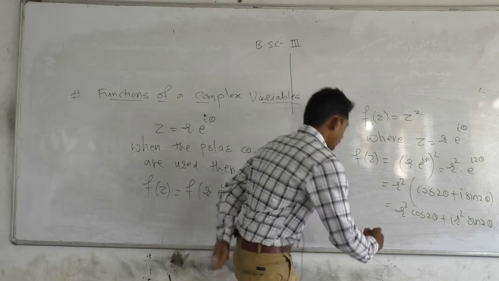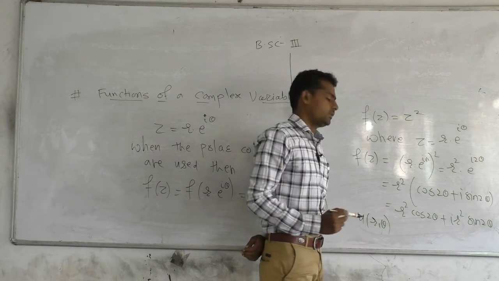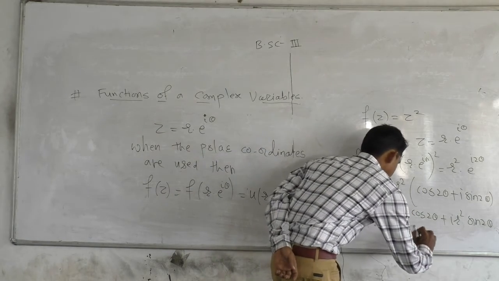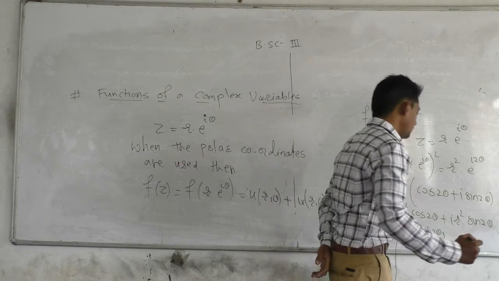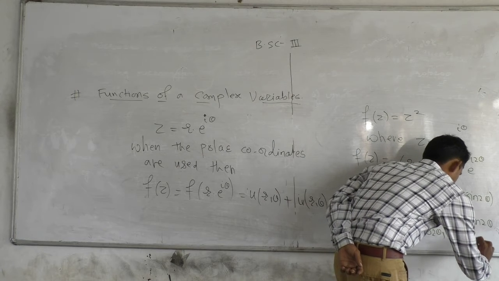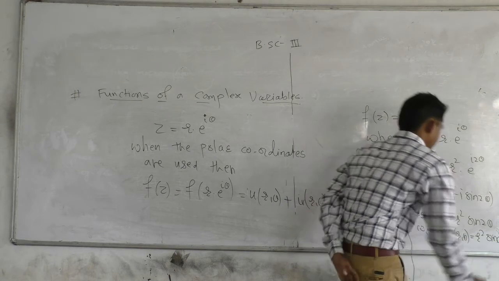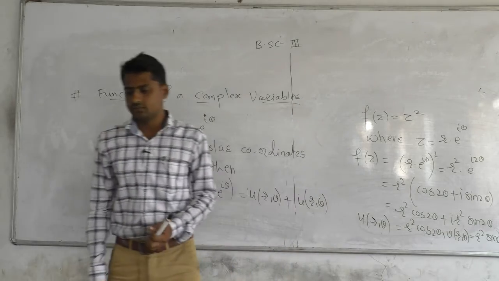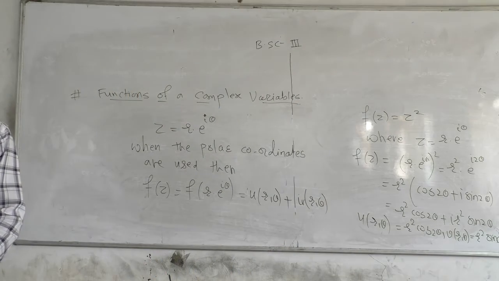Then u of r,theta, the real part of this function, is r squared cos 2 theta, and the imaginary part, v of r,theta, is r squared sin 2 theta. So these are the two ways to write the given function of complex variables.